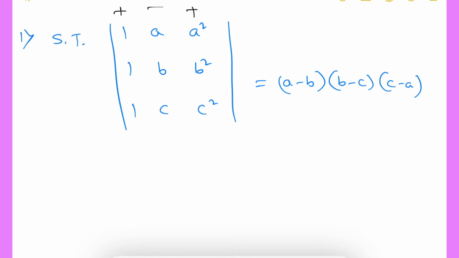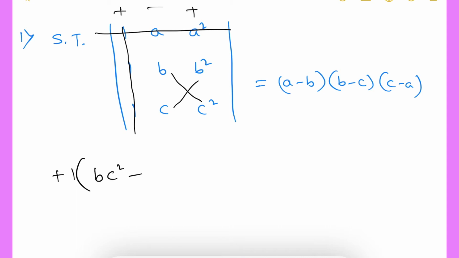So now plus 1 into, if we remove this total column and total row, we remain with B square, C square. So if we find out the determinant for this, B into C square, BC square, minus C into B square, CB square.